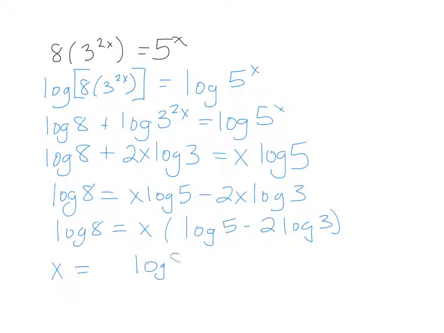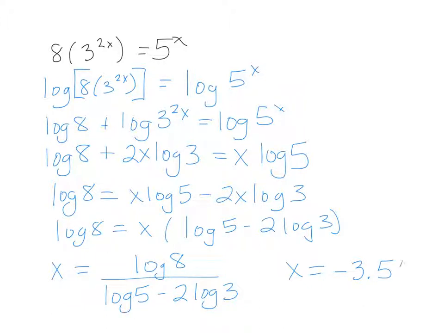So log 8 divided by log 5 minus 2 log 3. And we'll just punch it into the calculator and see what we get. X equals negative 3.54.